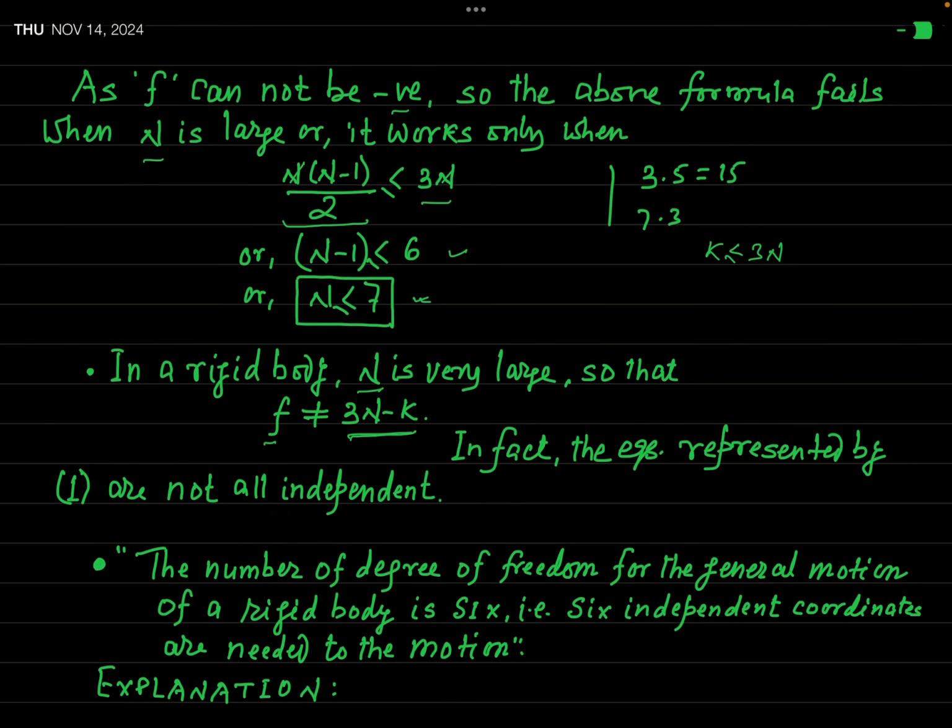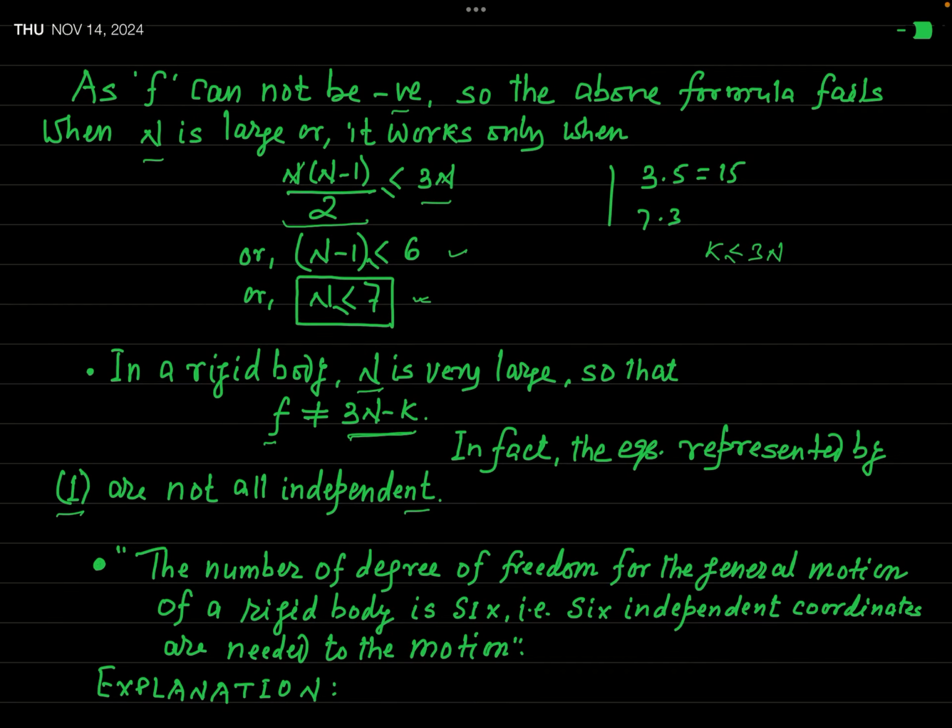So in fact the equations represented by equation 1 are not all independent, and that's why we cannot find the number of degrees of freedom utilizing this very formula. Okay, so can you find the degree of freedom of a rigid body utilizing this formula f equal to 3n minus k? Can you find or not? I think you have clearly understood this idea.